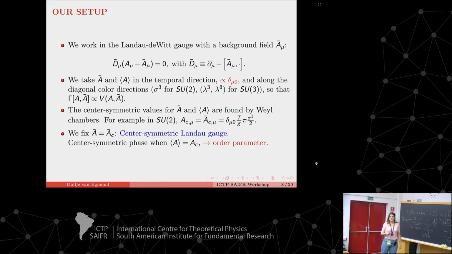If we do this, we get a simplification of our effective action, which is now represented by the effective potential, which we can find with loop calculations.